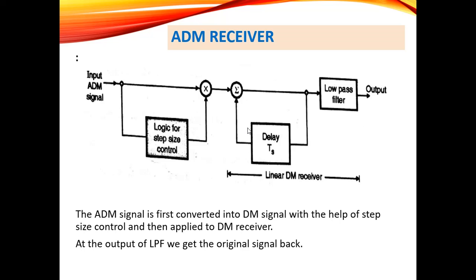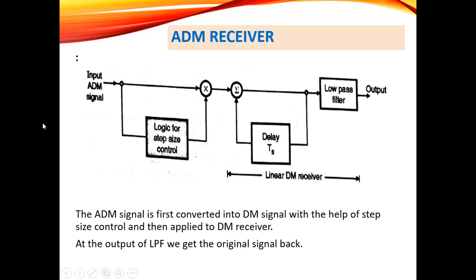In the ADM receiver, the step size is determined from each incoming bit which is produced at the transmitter side. Therefore, the input ADM signal is processed by the same method as the transmitter, and then applied to the accumulator section.